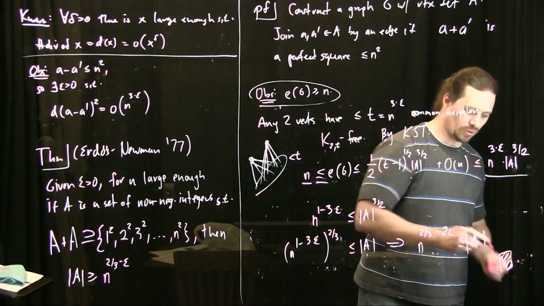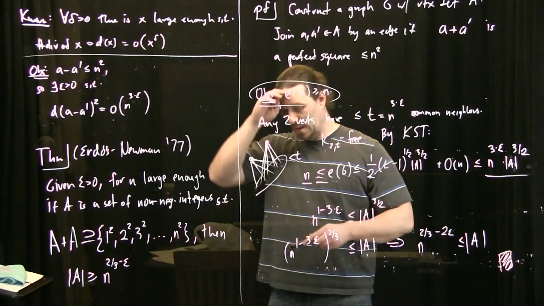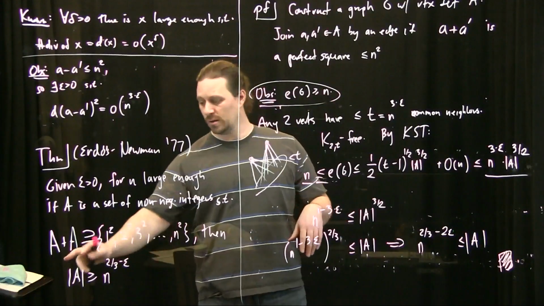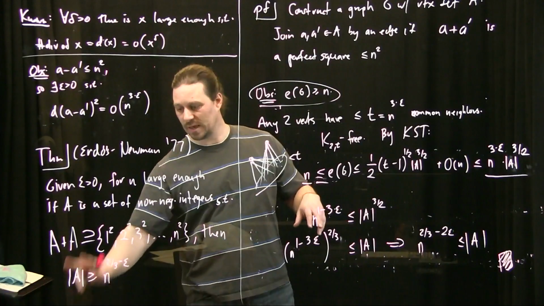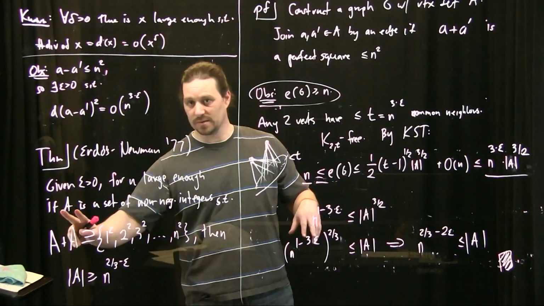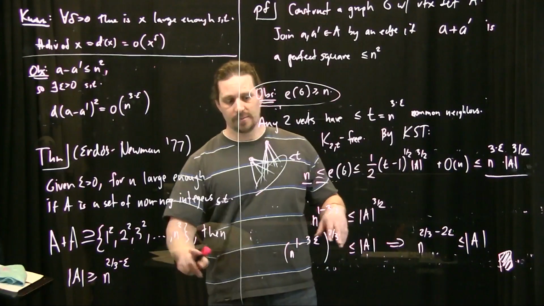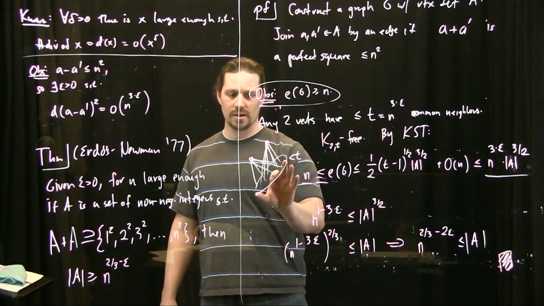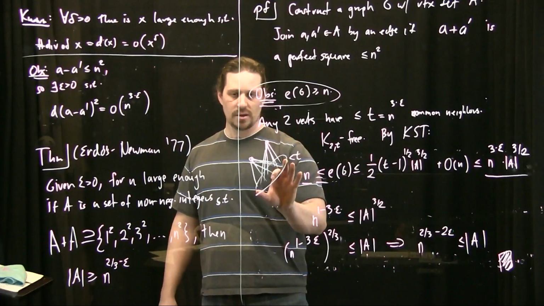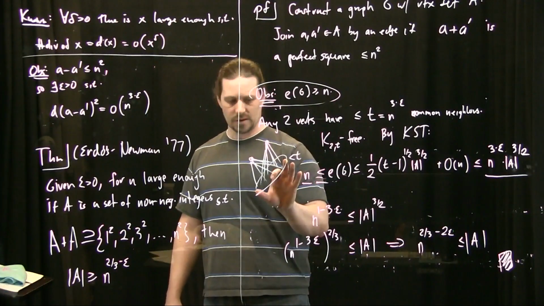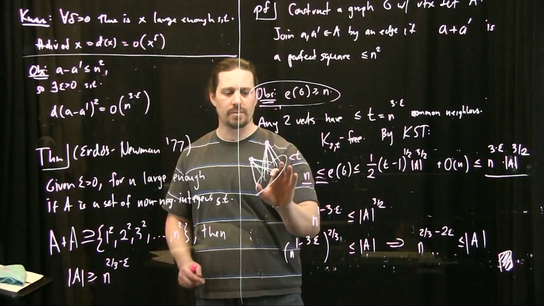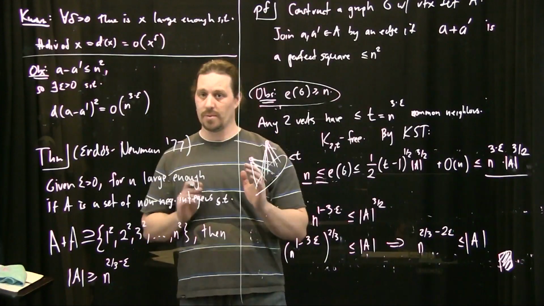Okay? So just to look at it one more time really quickly here, I construct a graph G whose vertex set is this guy there. I know that it has a few edges at least because of this bound here. Then I go and look at common neighborhoods, and they can't be too large because they're bounded by the number of divisors of A minus A prime, right?